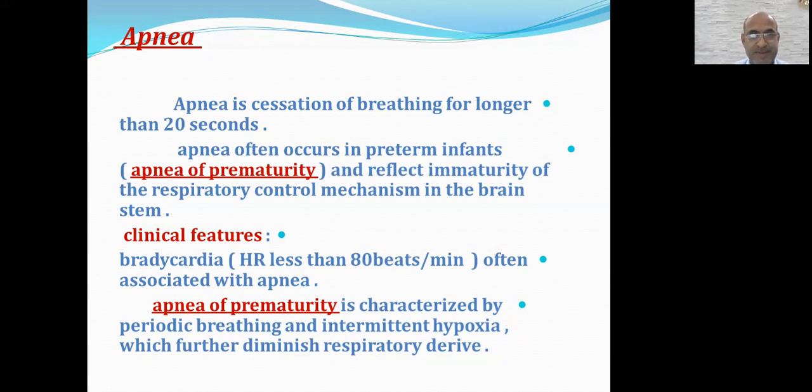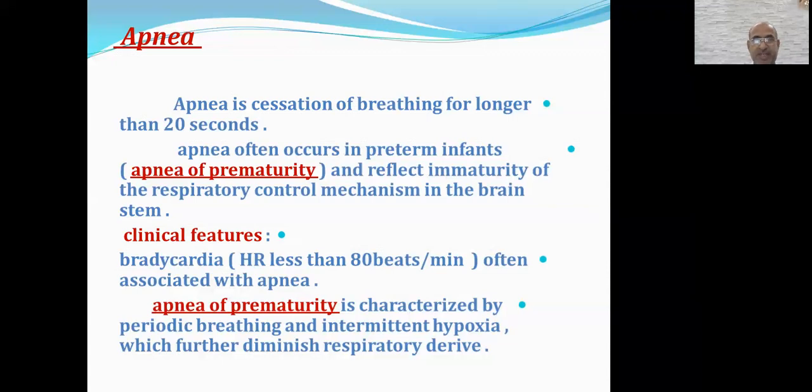Clinical features of apnea: bradycardia often associated with apnea. Bradycardia is essential for diagnosis of apnea because we have another simple or transient apnea or even periodic breathing of the term or preterm that is not associated with bradycardia.